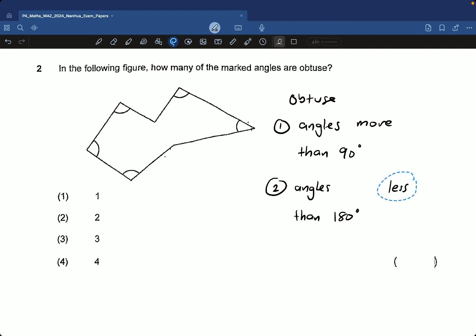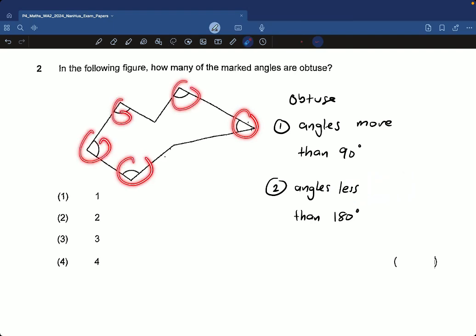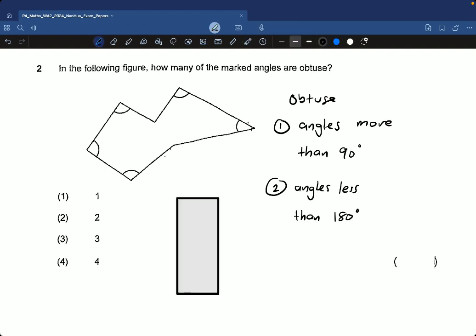Now in the figure below, we have 1, 2, 3, 4, 5 angles. The marked angles are the angles marked with this little part of a circle. I'm going to use my ruler, using the corner of the ruler, to check whether each angle is more than 90 degrees.